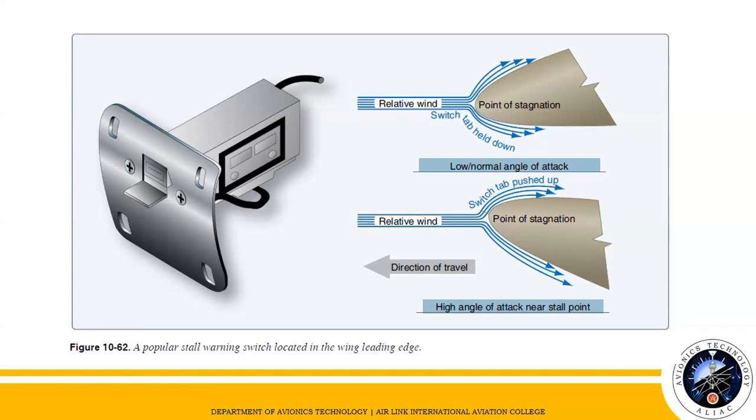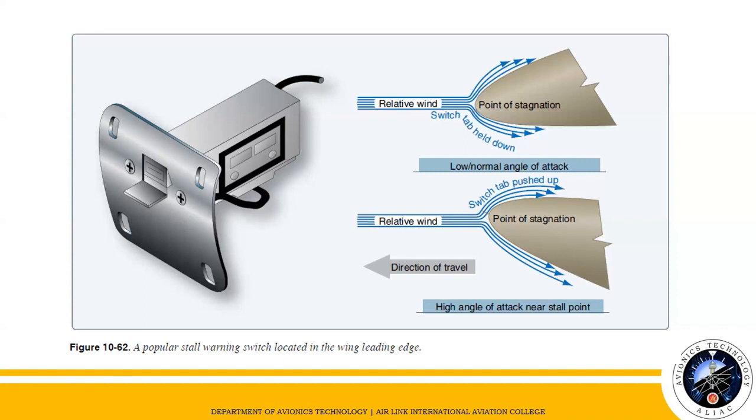The stall warning device includes an electric switch that opens and closes a circuit, a warning horn audible in the cockpit. So, dito, meron lang siyang switch. And then, umiilaw kung malapit siya mag-stall or not. So, pwede siyang may warning light at iilaw.